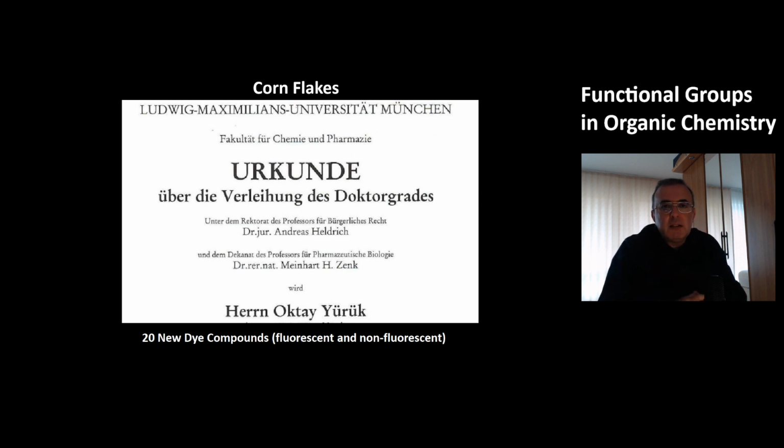This group was an amino group, and this means you can use these compounds for further reactions. For example, you can build new rings. I made 20 of those compounds in different structures, different colors: yellow, orange, red, purple, blue, and that's how I've done it.